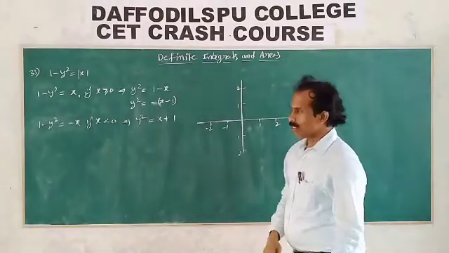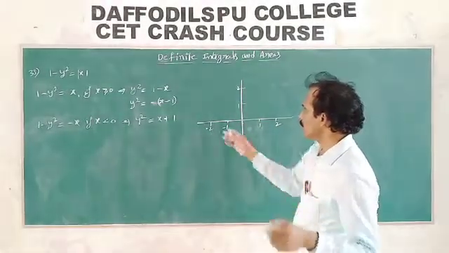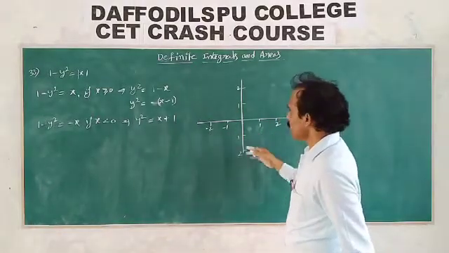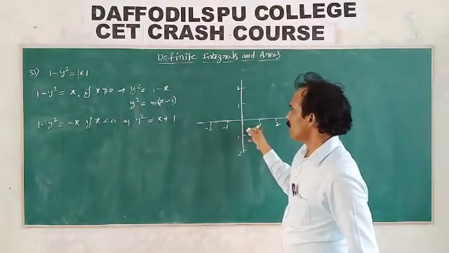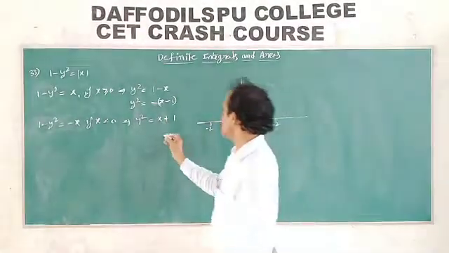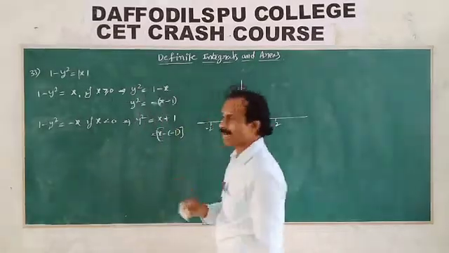Okay, this is a parabola that opens to the left side. This one is a parabola that opens to the right side. The vertex is at 1 for one, and the vertex is at minus 1 for the other, which can be written as x minus of minus 1.